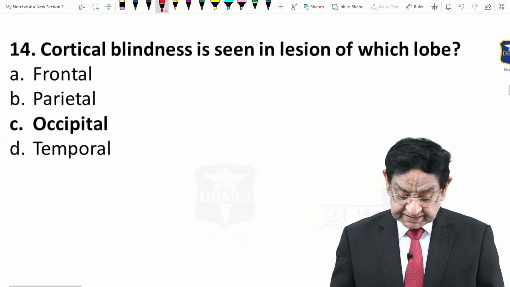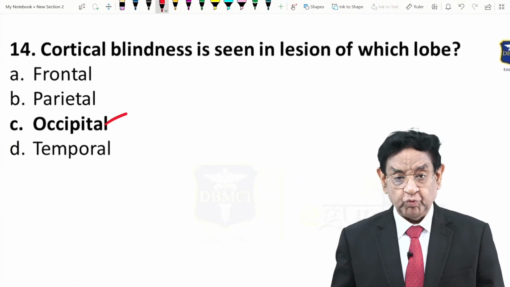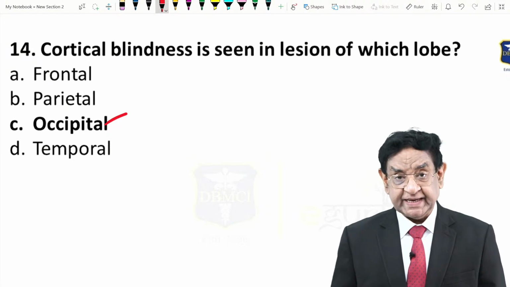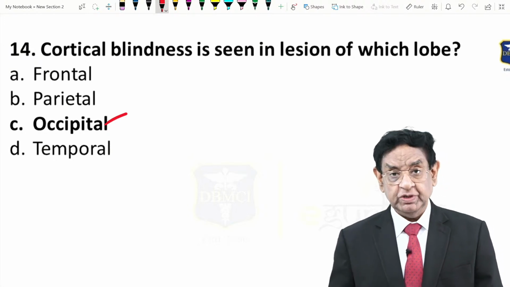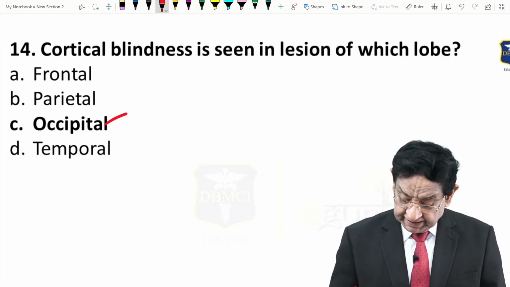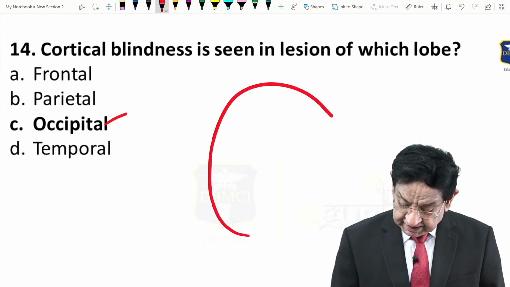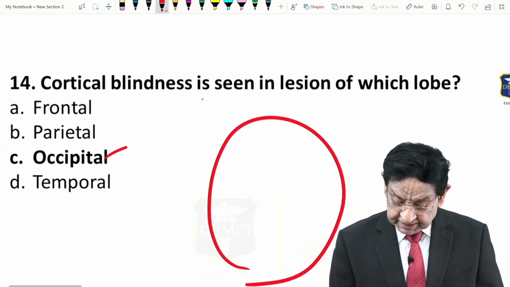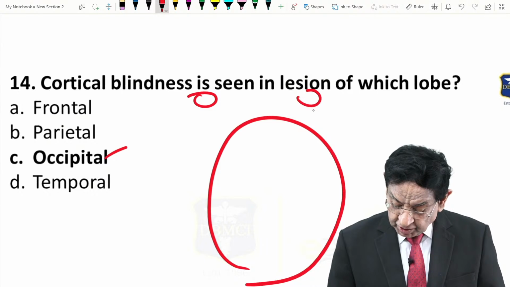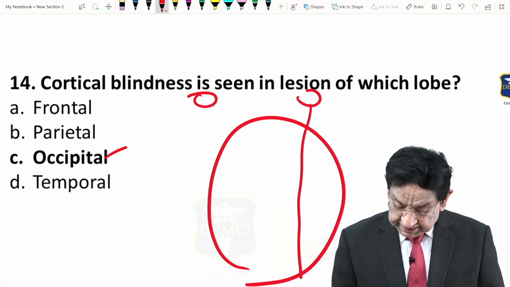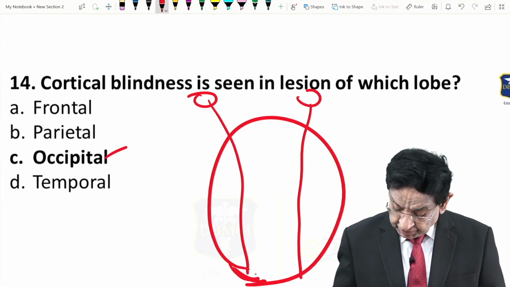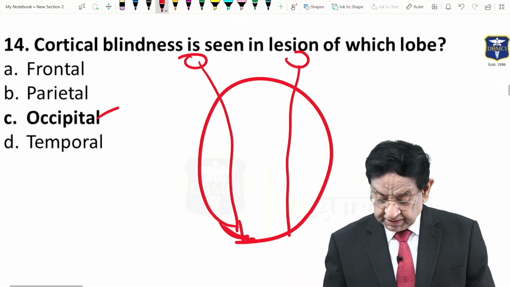Cortical blindness is seen in occipital lobe. Why this answer? Let's go to basic anatomy and physiology, then we go to ophthalmology. Anatomy and physiology: this is the brain, this is the eye, optic nerve, and this they go to occipital lobe.